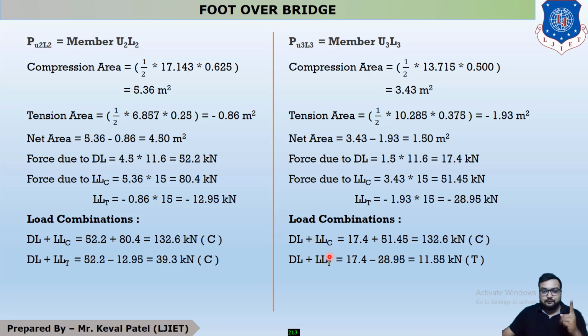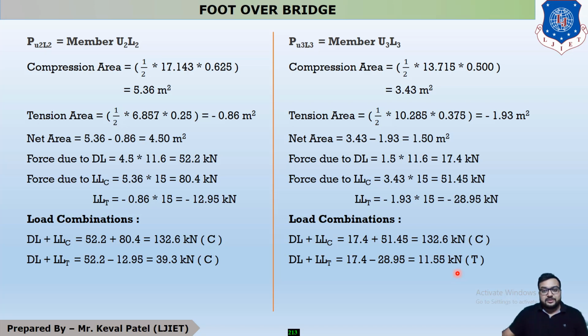The first one is the maximum force, whose value is 132.6 kilonewton, which is in compression, and the second force, the minimum force, has a value of 11.55 kilonewton, and this force is in tension.